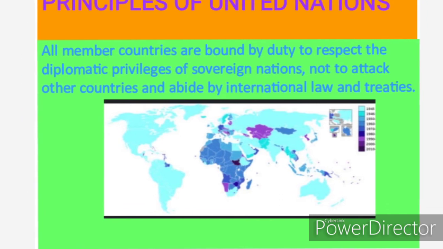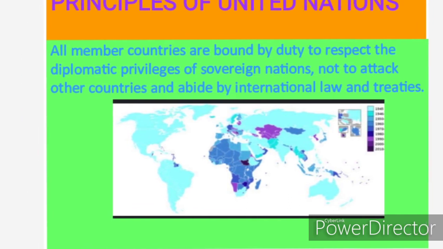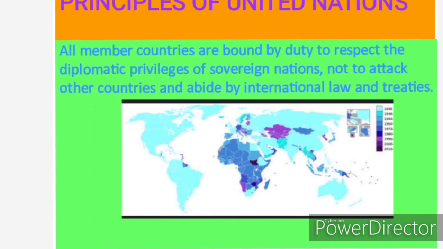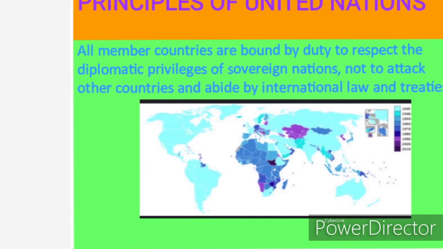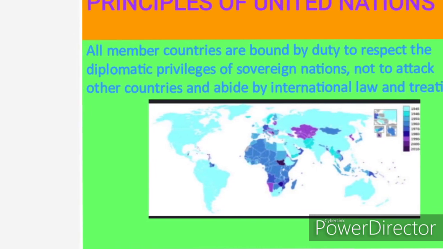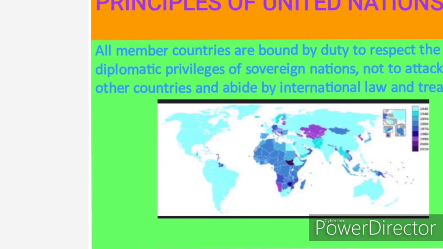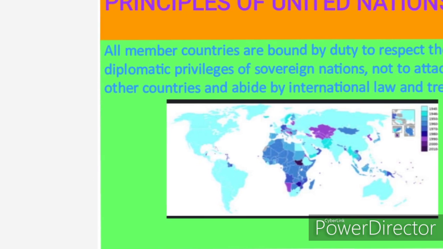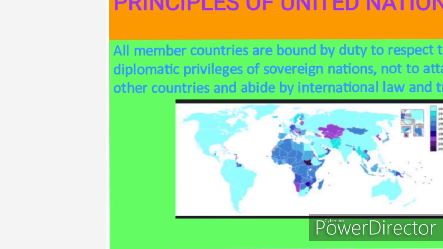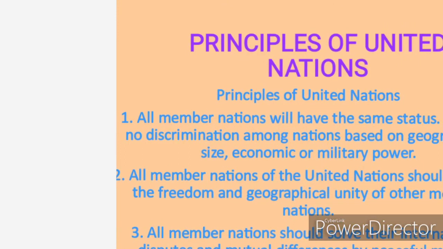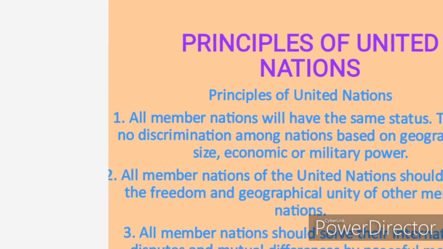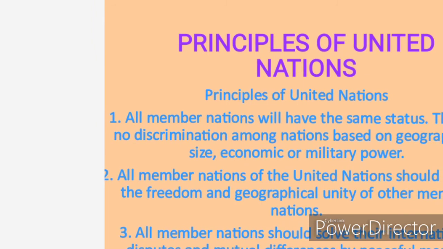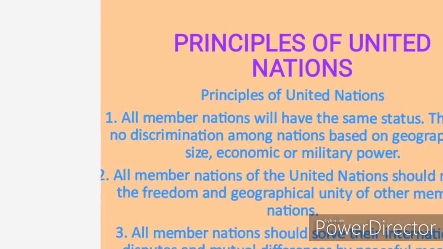The United Nations is an organization created by the coming together of the sovereign nations. Naturally, it is based on certain principles and rules. The principles of the United Nations. First, all member nations will have the same status.